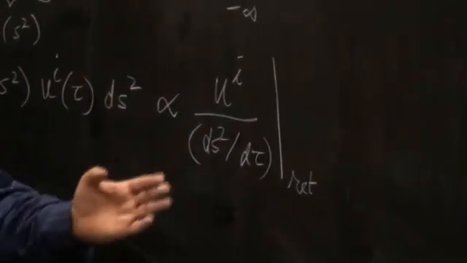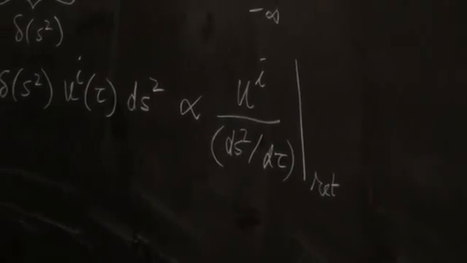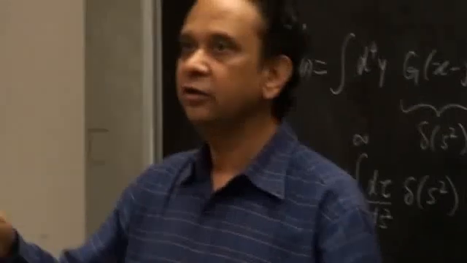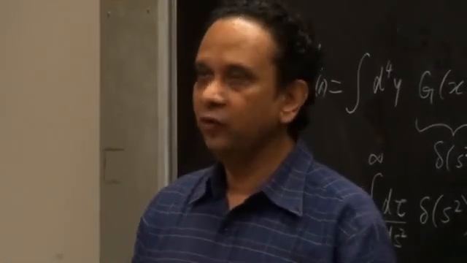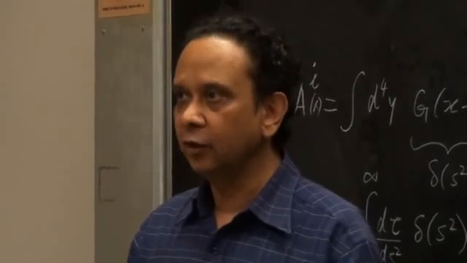But what is more interesting is that this quantity has a very simple physical meaning. This quantity happens to be the affine distance along the null ray which connects the source point to the field point. But you don't need it in flat spacetime at all, because that just happens to be t. Okay?